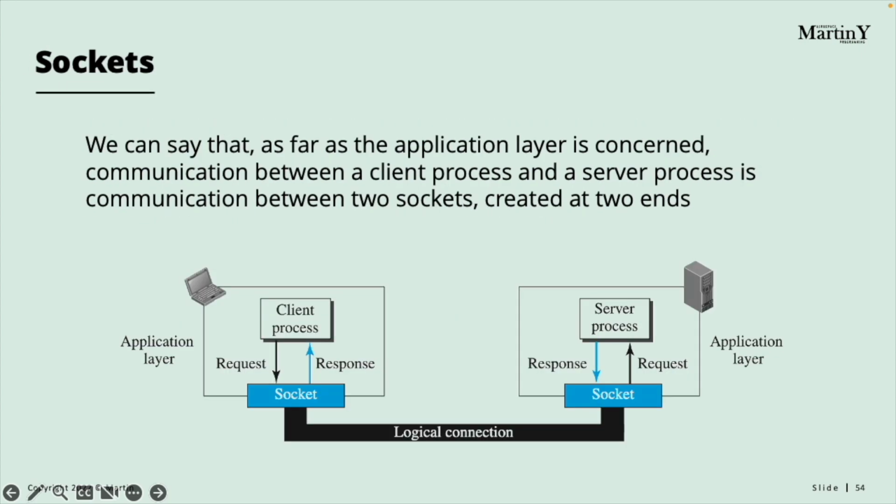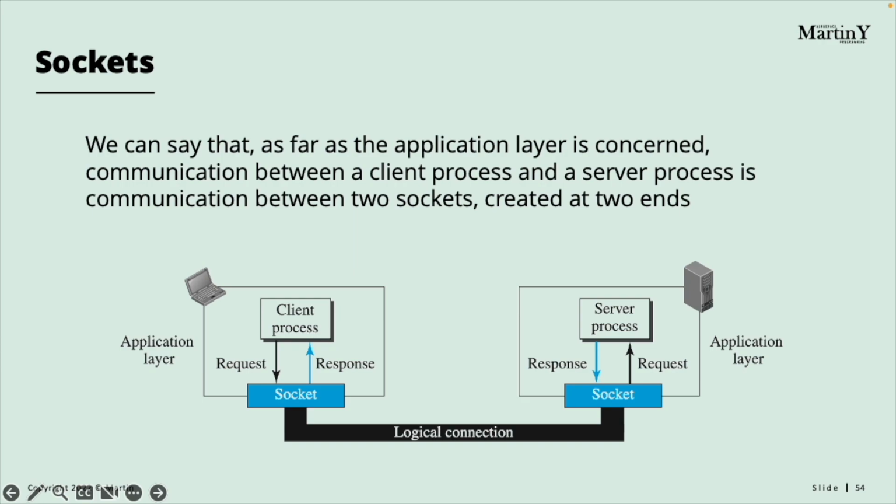Here is how the communication between a client and a server looks when we use sockets. The sockets have a logical connection, connecting the client process and the server process. Those processes are in the application layer.